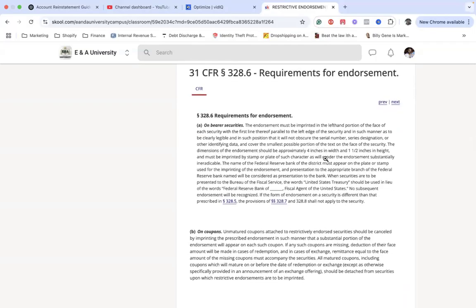So it's telling you here the requirements for endorsement, guys. And this is why I'm telling you it's so specific that you have to read through this. If you really can't understand this stuff, that's fine. You could use ChatGPT. I've had to use ChatGPT for a lot of this stuff to simply break it down.